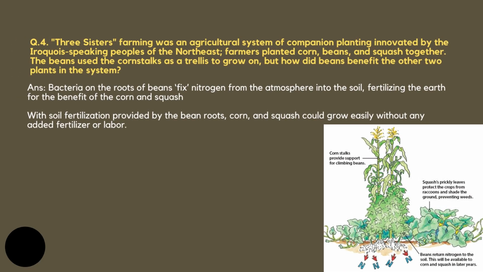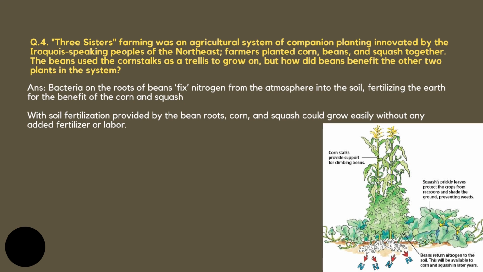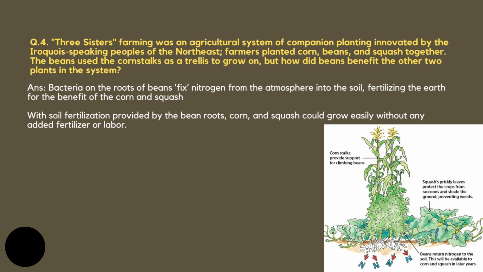So here is a question, guys. Three Sisters farming was an agricultural system of companion planting innovated by the Iroquois-speaking people of the Northeast. Farmers planted corn, beans, and squash together. What are the three things? Corn, beans, and squash. The beans used the corn stalks as a trellis to grow on, but how did beans benefit the other two plants in the system?